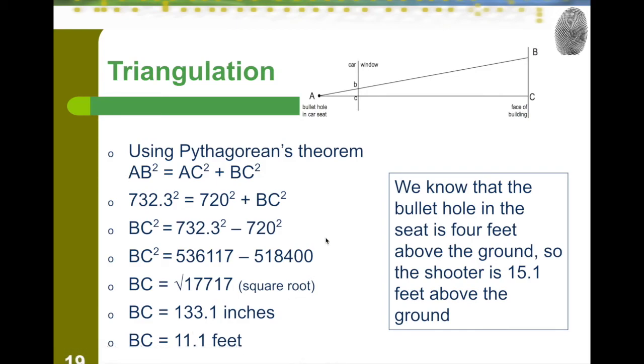I want to move the mouse down there to show you the 11.1, but every time I do, the little thing pops up. The 11.1 is what BC equals. And then again, you're adding in from C to the ground here is 4 feet, which is why you're adding in that 4 feet to make it 15.1 instead of 11.1. That's where that number is coming from.